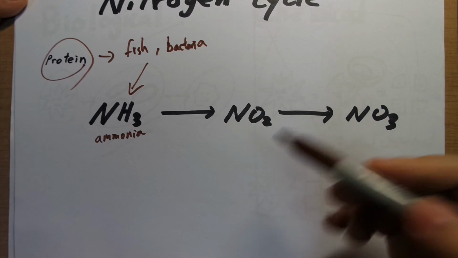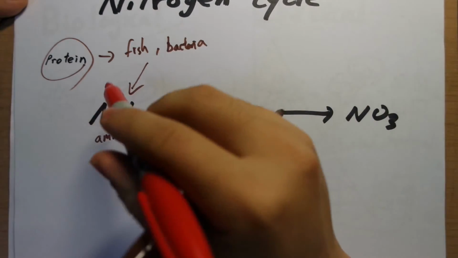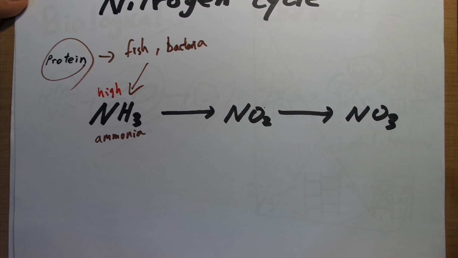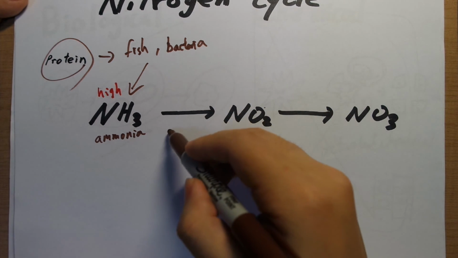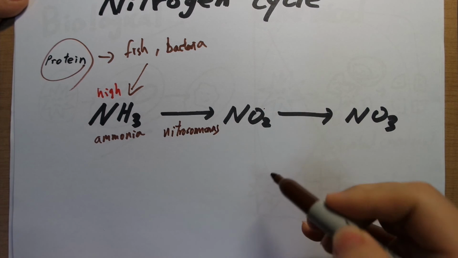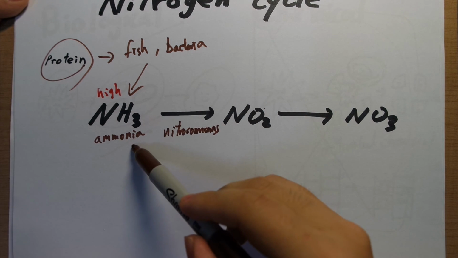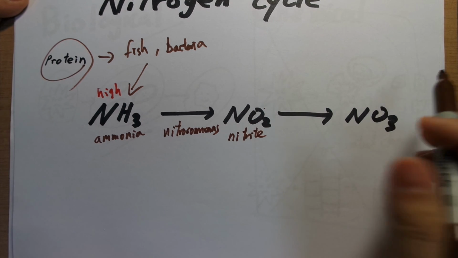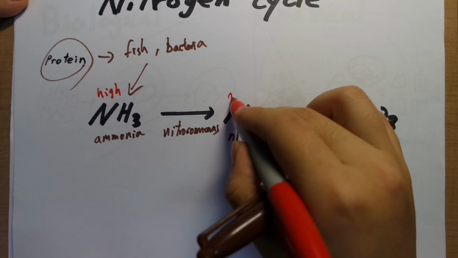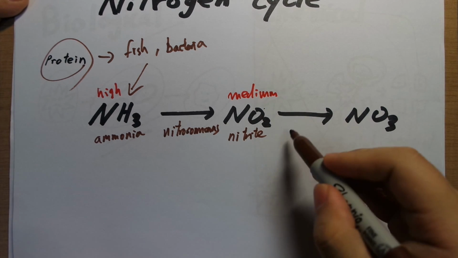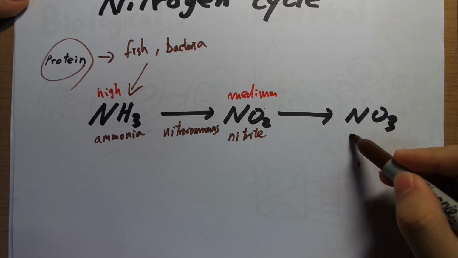So this ammonia has a pretty high toxicity, relatively speaking. And you need bacteria to lower the toxicity of this ammonia. The first step is done by Nitrosomonas. This bacteria basically converts the ammonia into nitrite, NO2. And NO2 has a relatively medium toxicity. And then the next step is to convert it to nitrate.